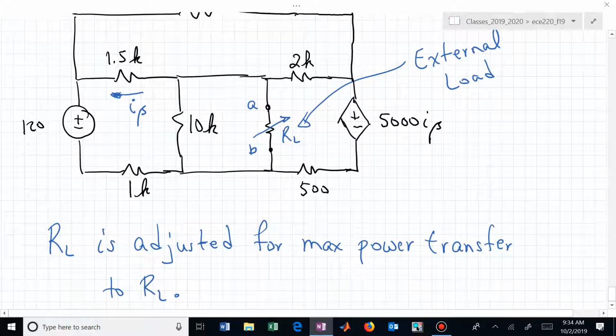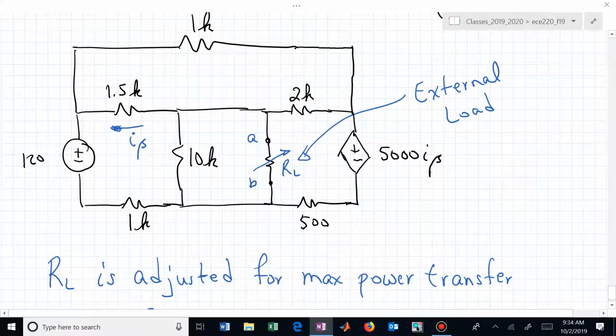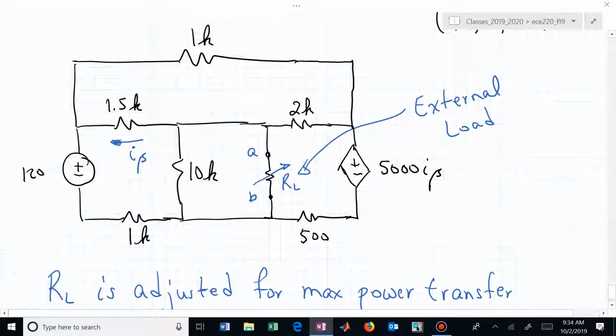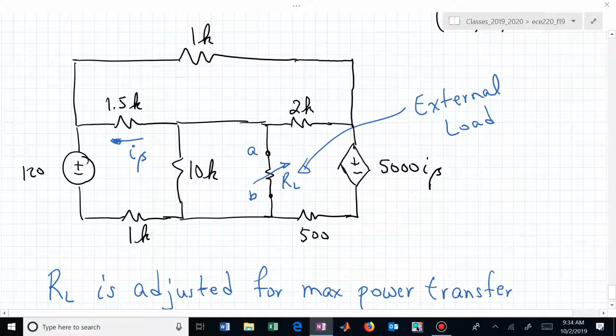We're going to adjust R sub L for maximum power transfer to that resistor R sub L. So the first thing we're going to do is what? If we want to set R sub L equal to R Thevenin, now what do we do?